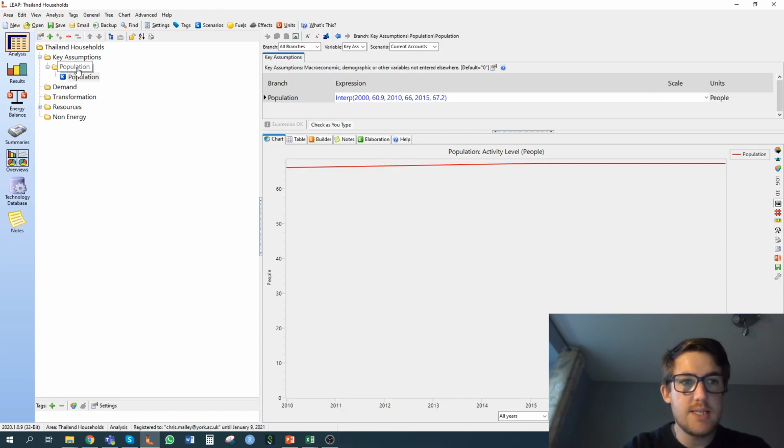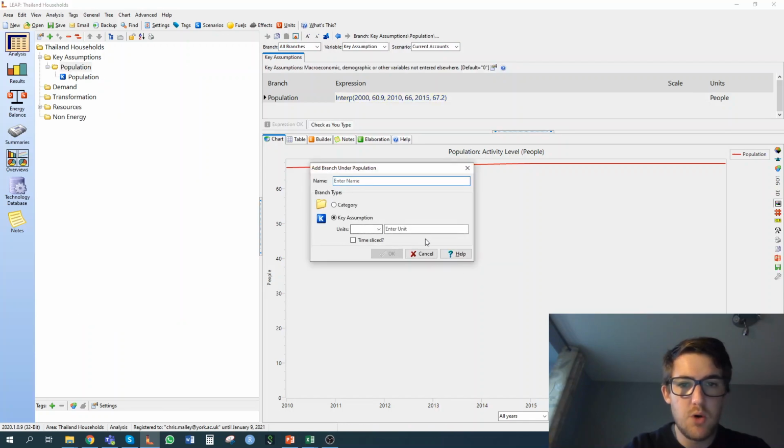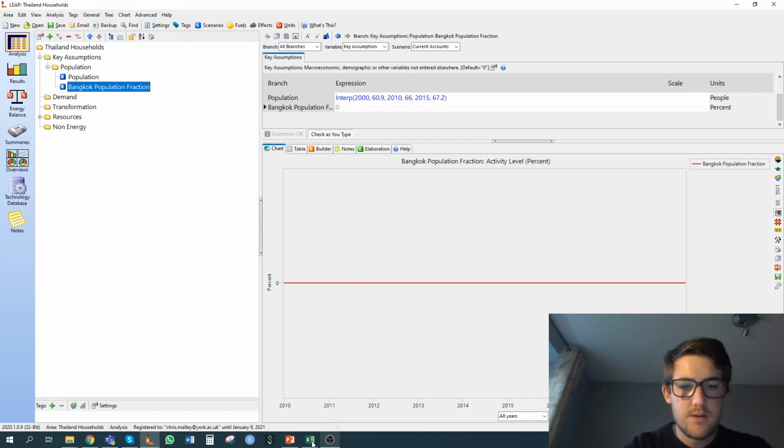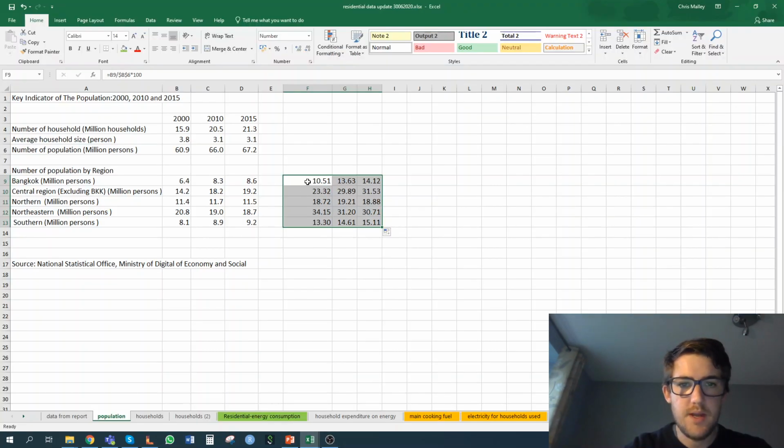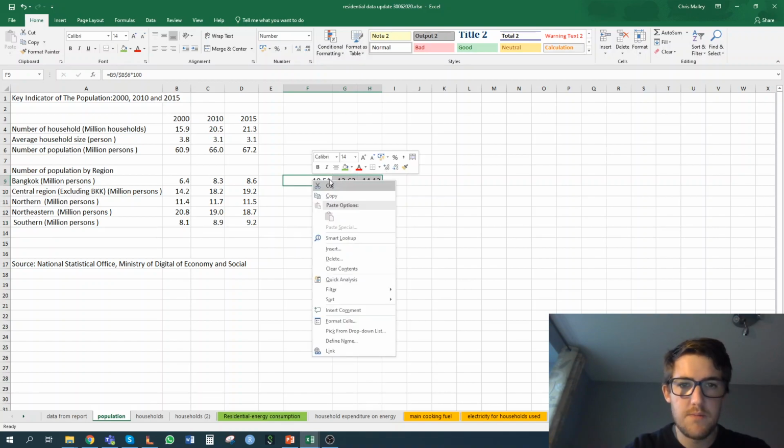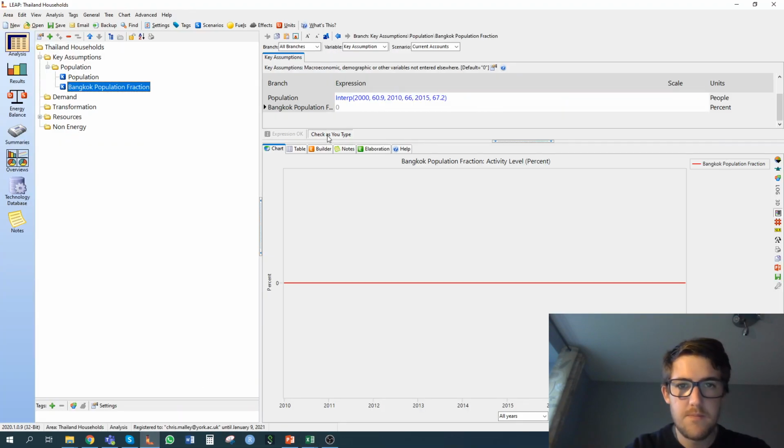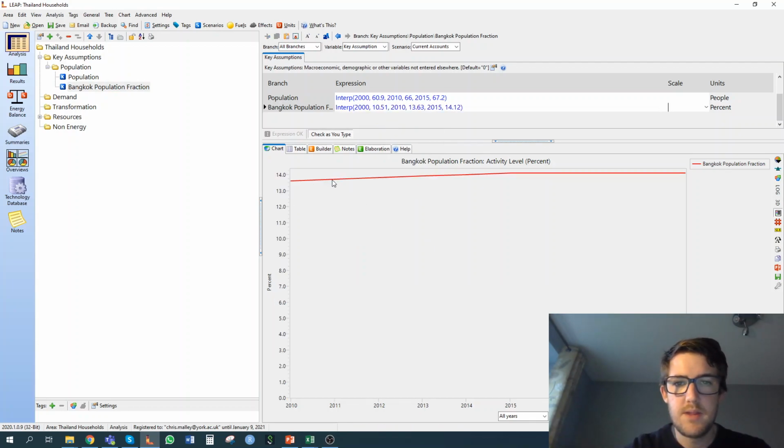So I'm then going to add in to population more key assumptions. Bangkok population fraction. Let's call it Bangkok population fraction percent. And I'm just going to copy that top branch, paste it into Leap as the percentage of the population that is in Bangkok.